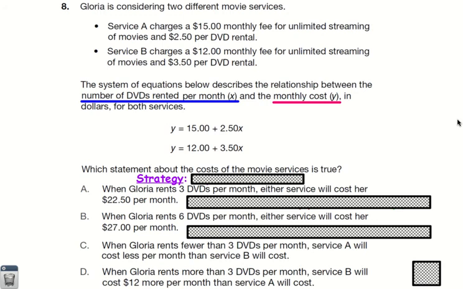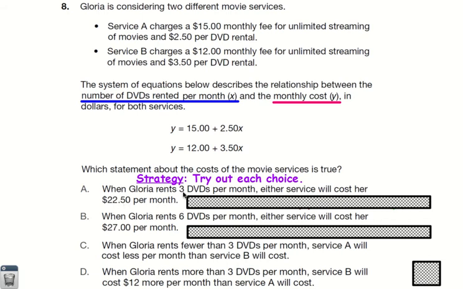Which statement about the costs of the movie services is true? So once again, I think this is the only strategy available to us: trying out each choice. When Gloria rents 3 DVDs per month, either service will cost her $22.50 per month.